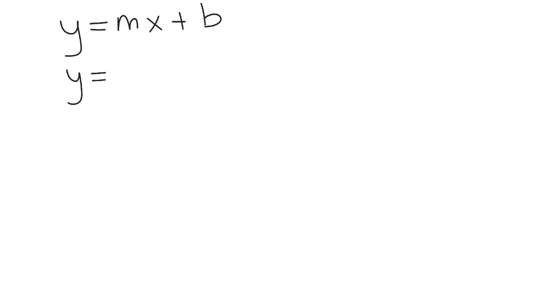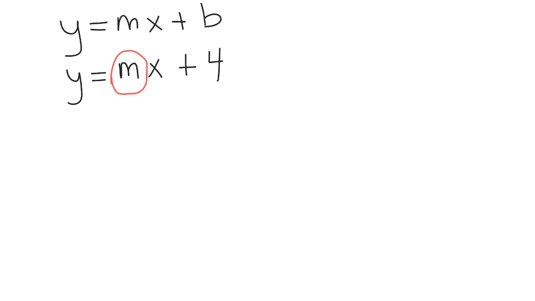Okay, we don't have our slope, so we don't know what to put in the place of m, but we do have our y-intercept. So we do have the number that we can replace for the letter b. Our y-intercept was 4. So we know that we can have a 4 in the place of the letter b. So really, the only thing that we're missing now is m.